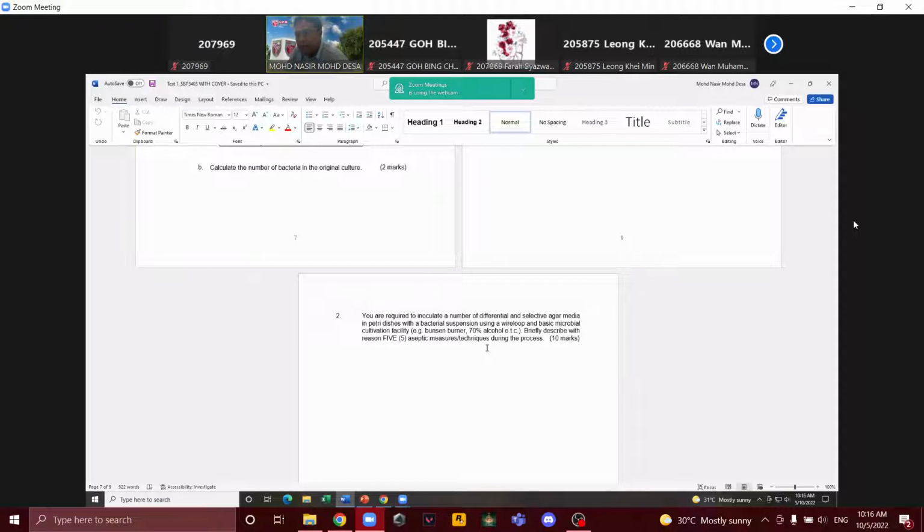So that will minimize contamination. Many of you just simply put all these points. Why? Because I also asked for the reason why, to minimize contamination, which is true, but it's not concise enough.